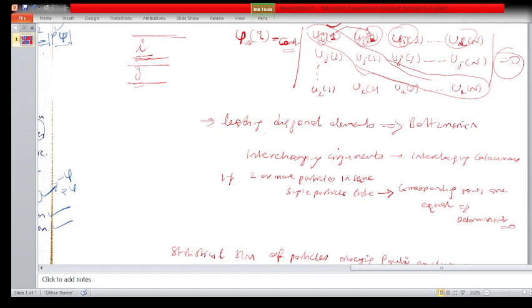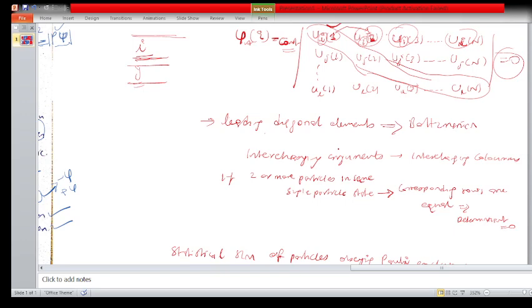In Pauli's exclusion principle we say no two electrons will have the same set of all quantum numbers, or they will not be in the same state. The same kind of statement we can get from this: if two or more particles are in the same single particle state, then the determinant will become 0, the wave function will vanish.